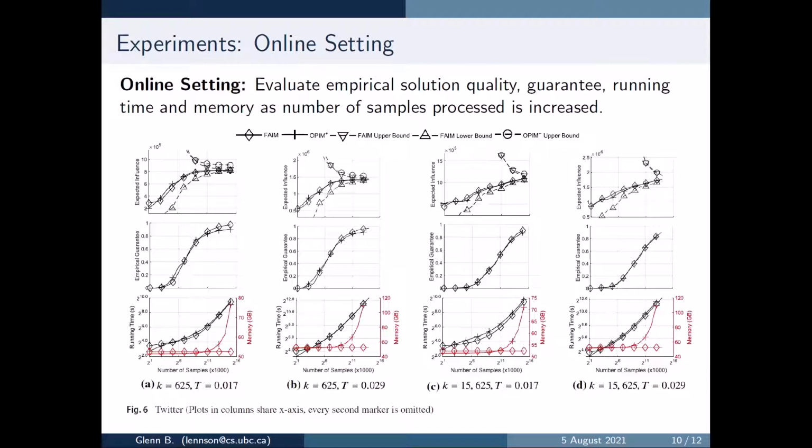The theoretical worst case guarantee is only around 64%, while the instance guarantees that we see here are over 90%. Finally, there's little running time difference between FAME and OPIM, indicating that time needed to generate the influence samples dominates for both of them. As should be expected, OPIM's memory grows with the number of samples it processes, while FAME does not.